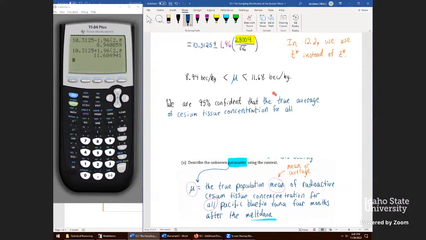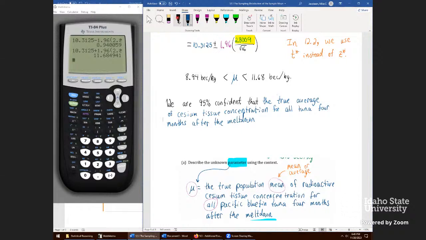I'm leaving off Pacific on this, but I'd say that's okay at this stage. Let's say for all tuna, 4 months after the meltdown.